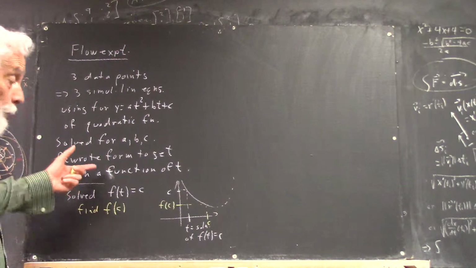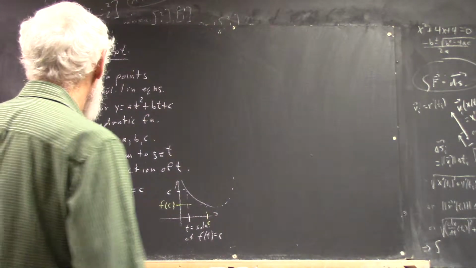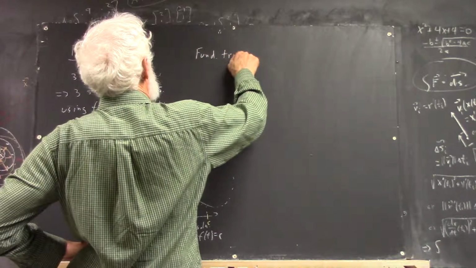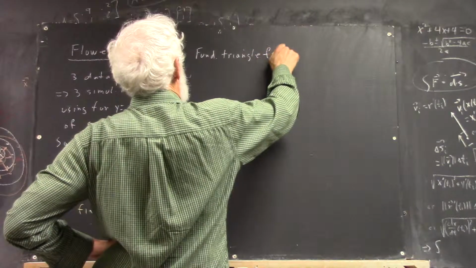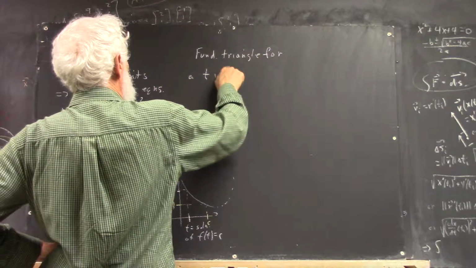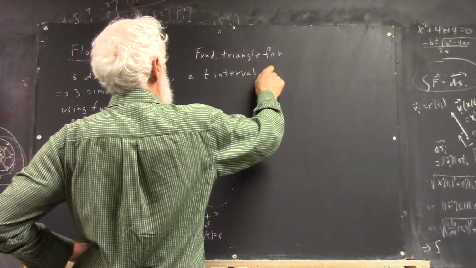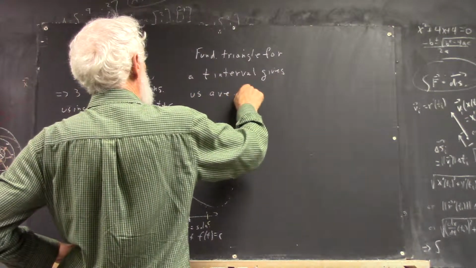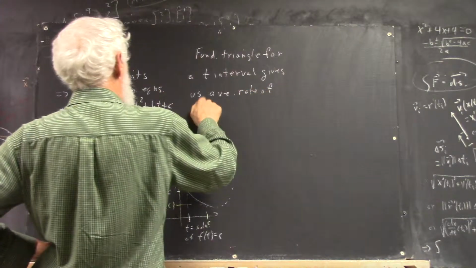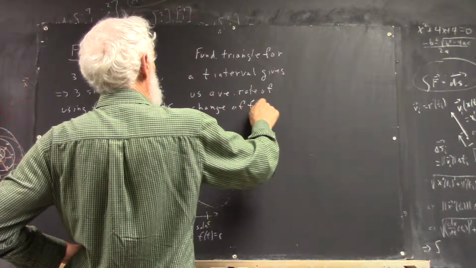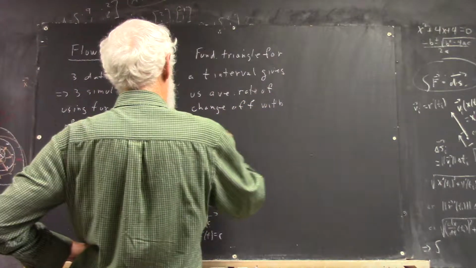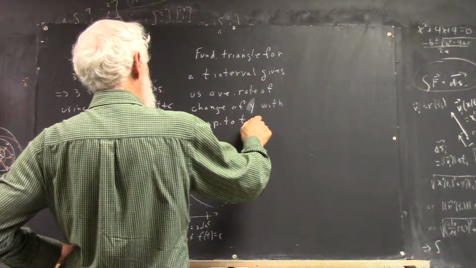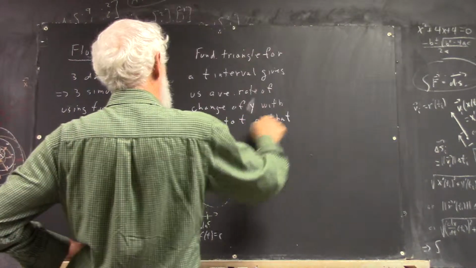Other things we do with our quadratic model. The fundamental triangle for a t interval gives us the average rate of change of f, or let's say of y, with respect to t on that interval.